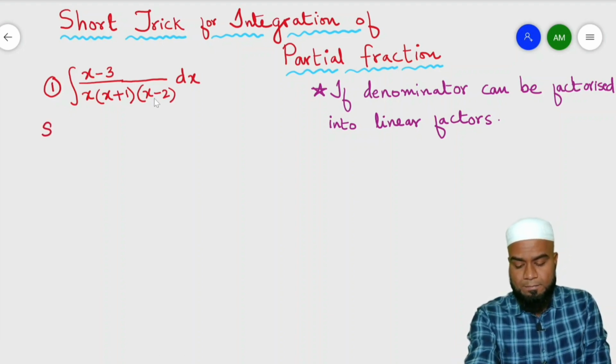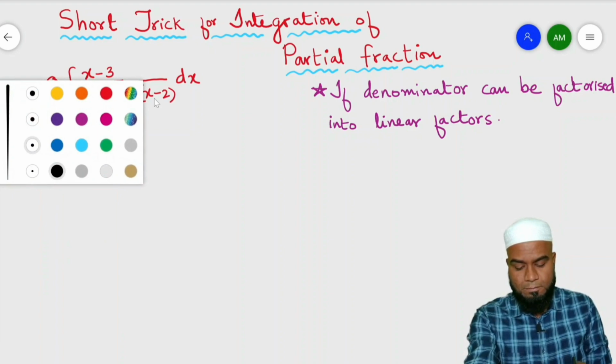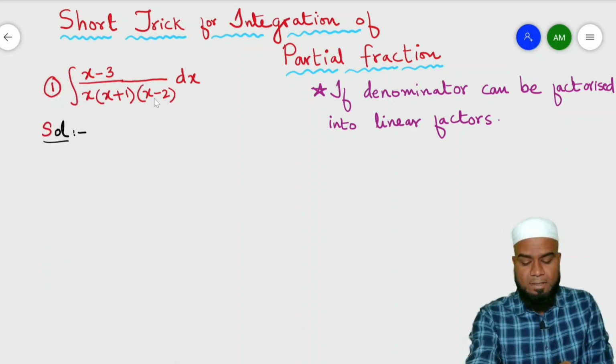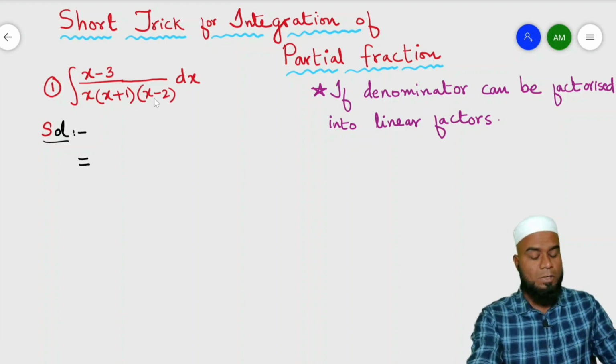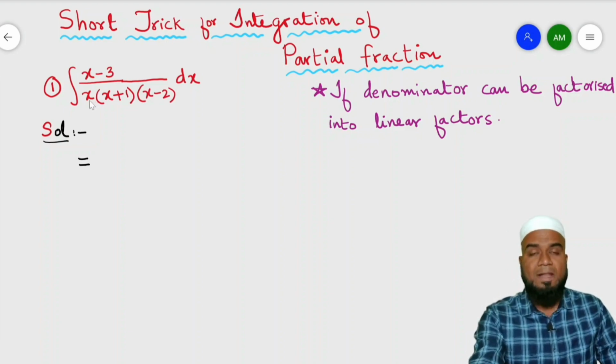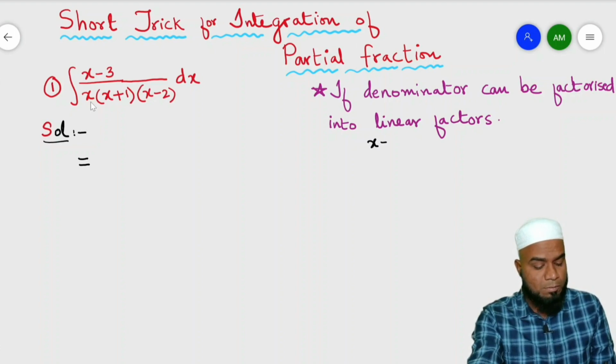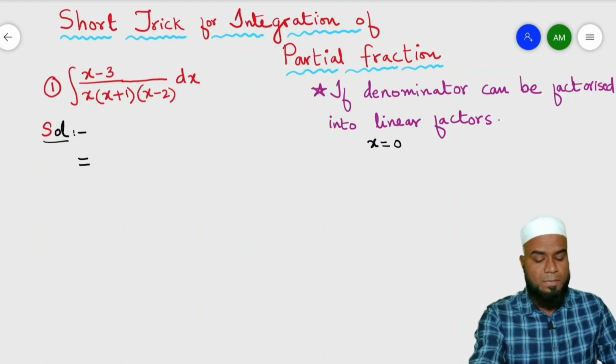Here, the value of this integral is equal to the following. We have to consider the factors in the denominator one by one and equate each to 0. Start with x equal to 0. In the first term, everywhere except the factor we equated to 0, we put x equal to 0.